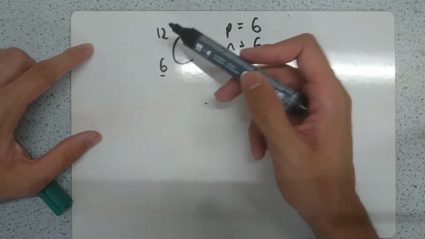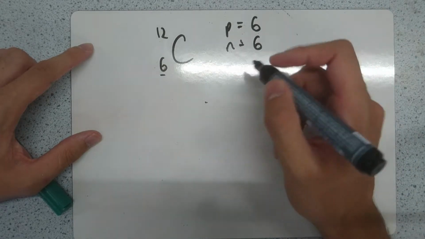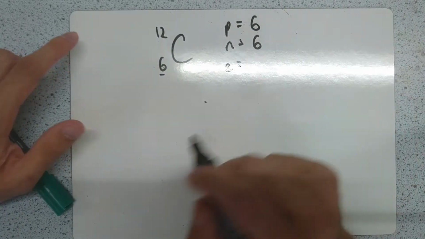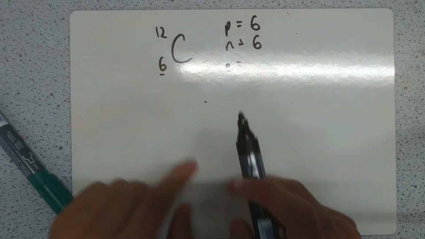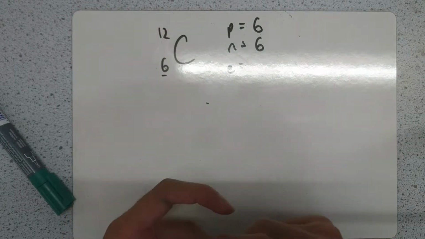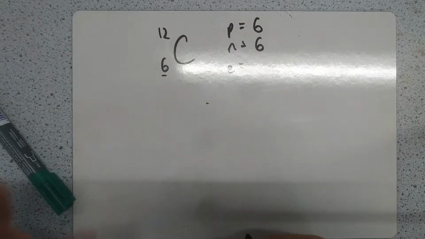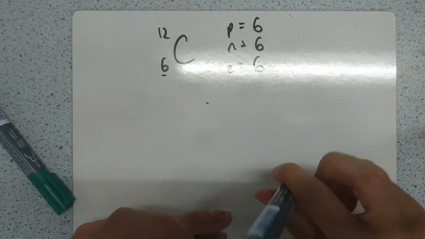So 6 plus something must equal 12, and that something is the neutrons, which works out as 6. And our electrons. In order to work out the number of electrons, we need to know what the charge is. Because there's nothing written here, the charge is balanced. There's 0 charge. It's neither positive nor negative. So the protons and the electrons must balance each other out. So we must have 6 electrons.